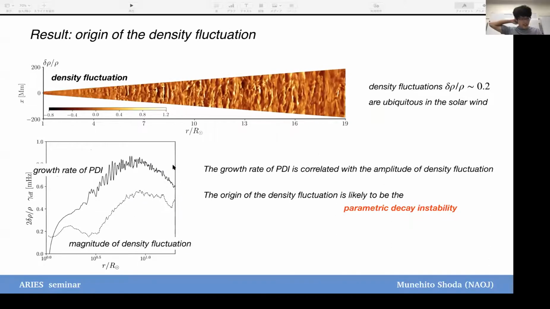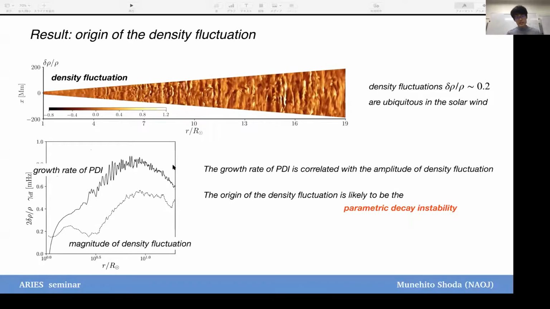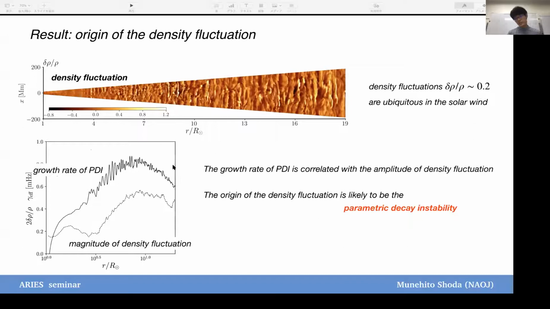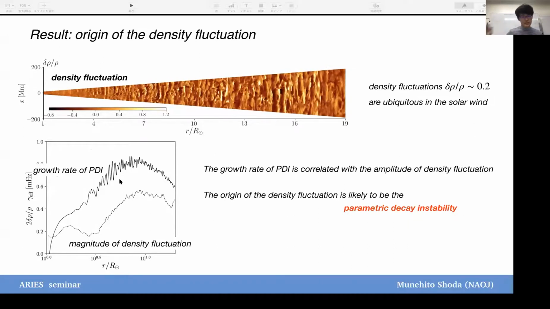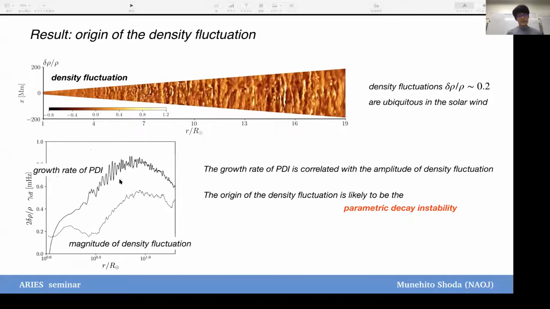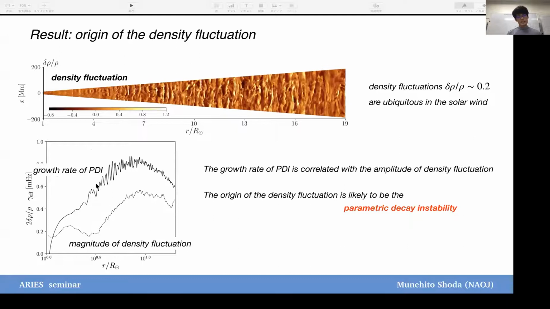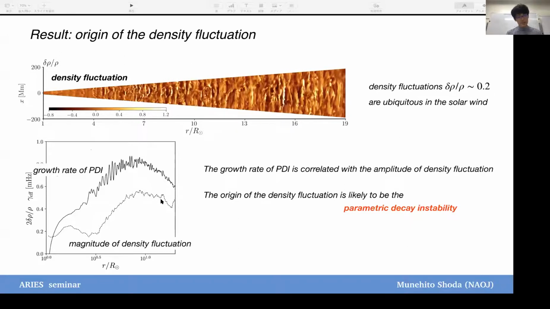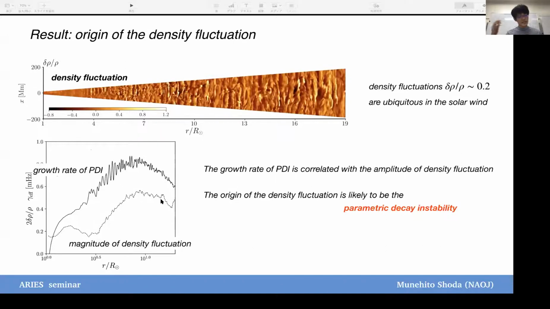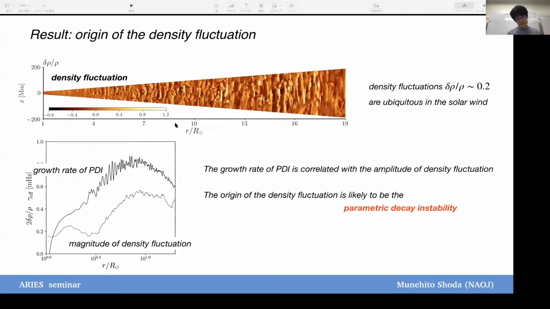So this work is actually a three-dimensional extension of Suzuki and Inutsuka, which was conducted by one-dimensional simulation. And one critical difference between his model and our model is that the density fluctuation is totally different. In our model, the density fluctuation is approximately 20% of the background, while in their model, the density fluctuation is 100% of the background.